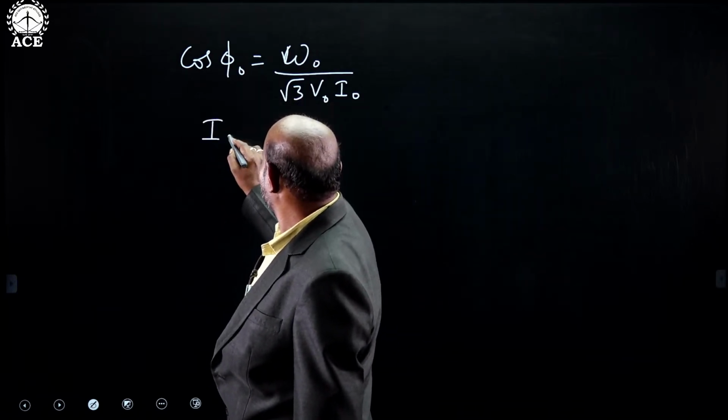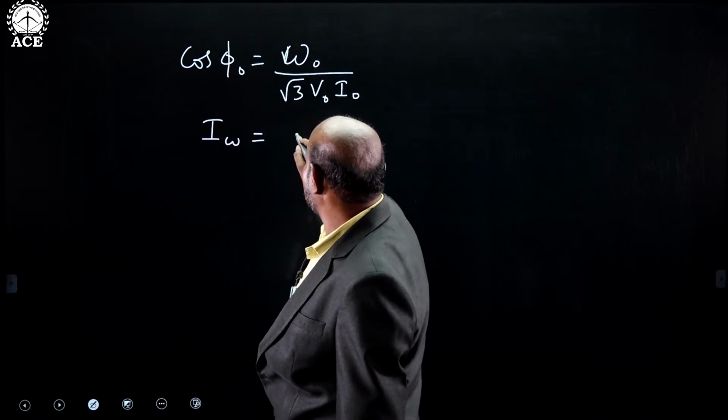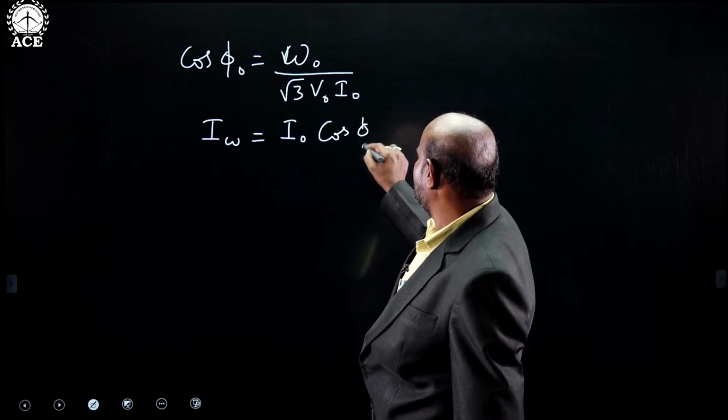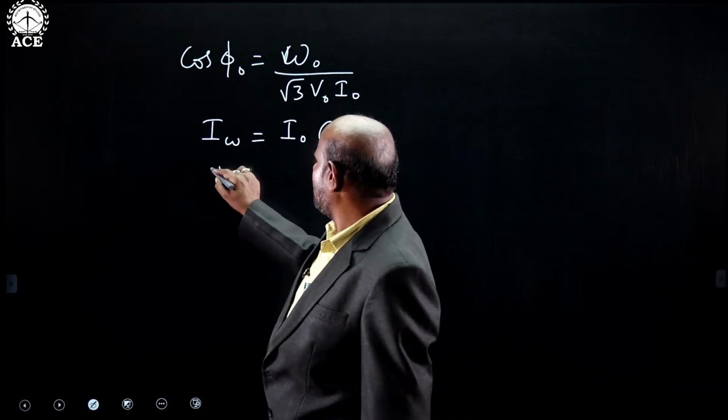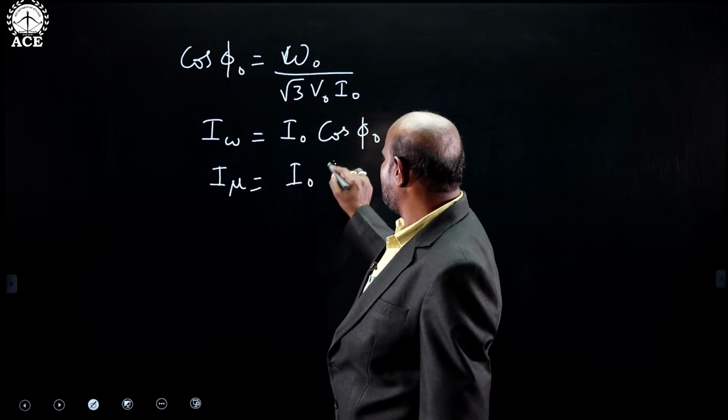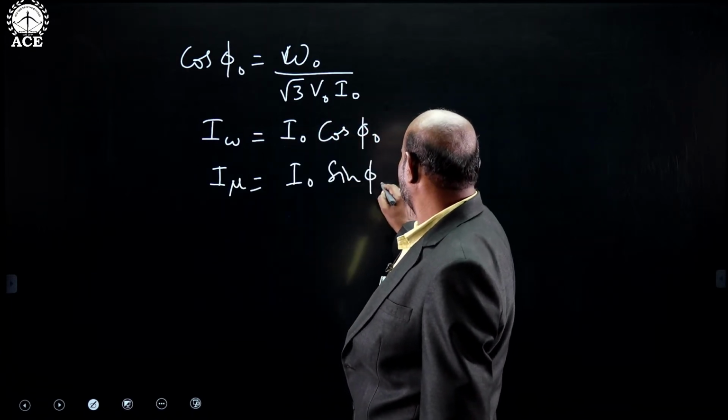Then find out watt full component IW is nothing but I0 cos phi naught, and magnetizing component of current I mu is equal to I0 sin phi naught.